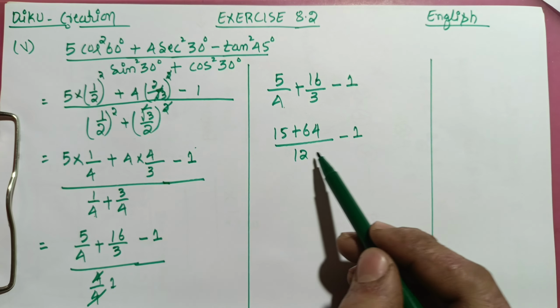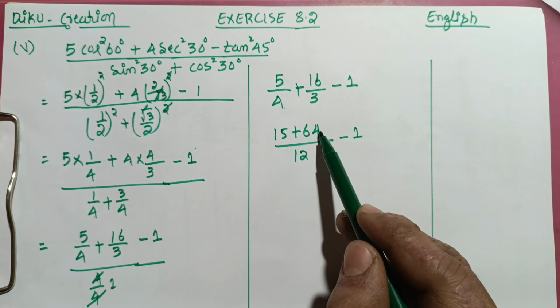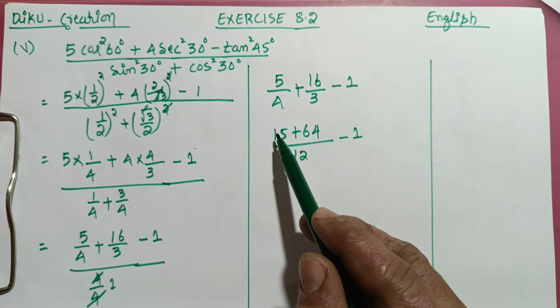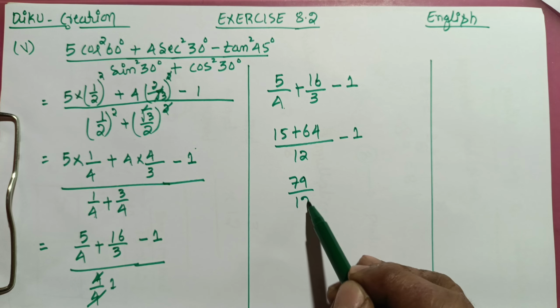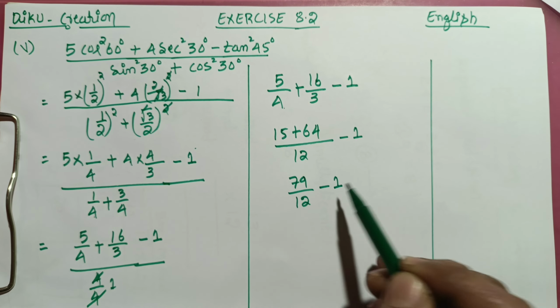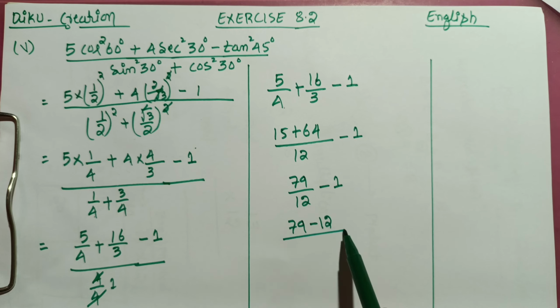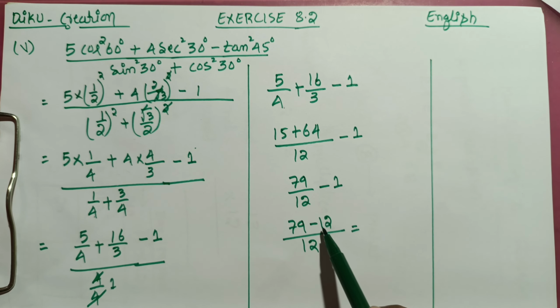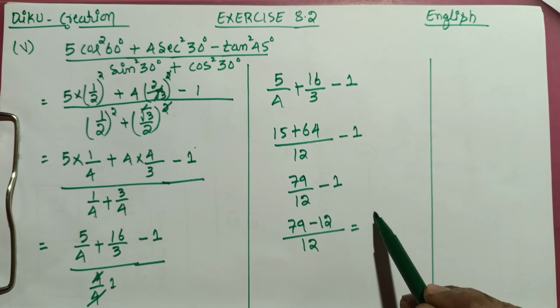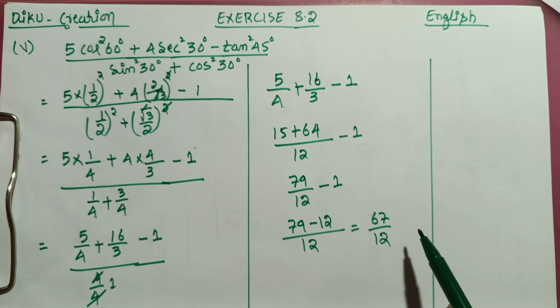So now I need to simplify. Again take the LCM. 64 plus 15 is 79 by 12 minus 1. So 79 minus 12 divided by 12, which is equal to 79 minus 12 is 67 divided by 12. So this is the final answer.